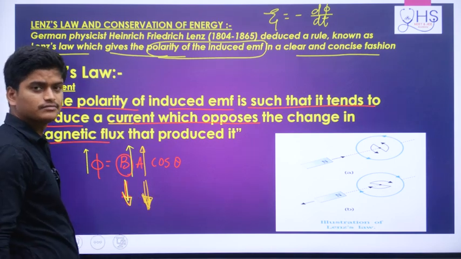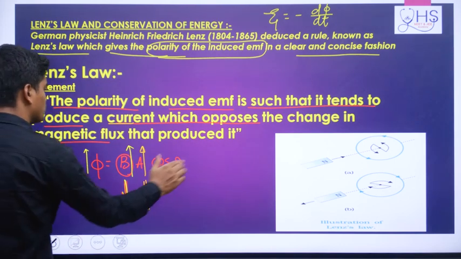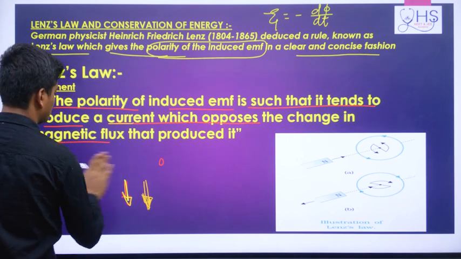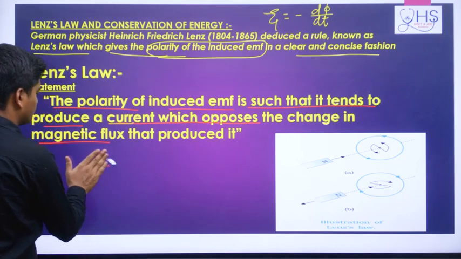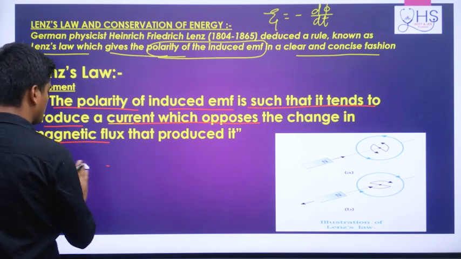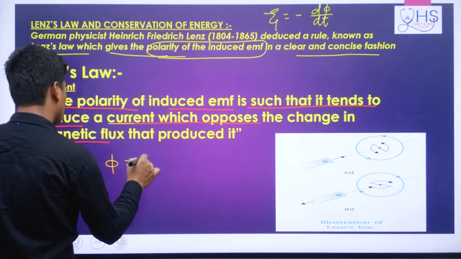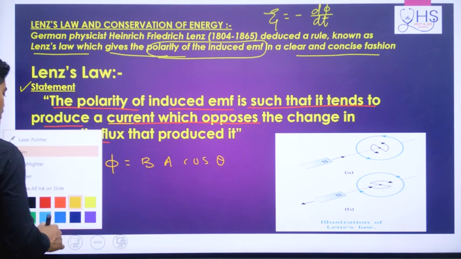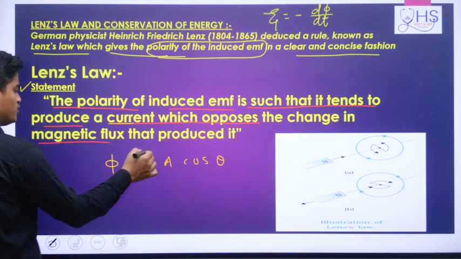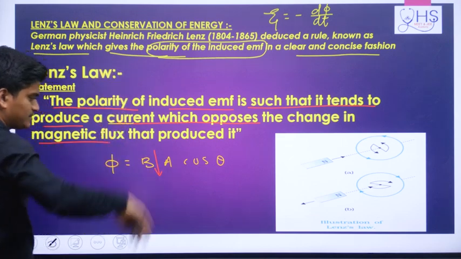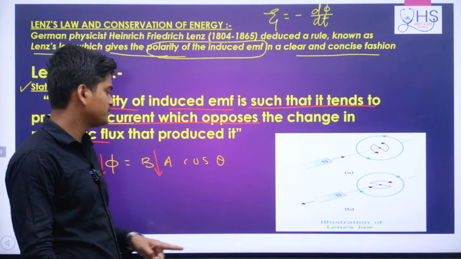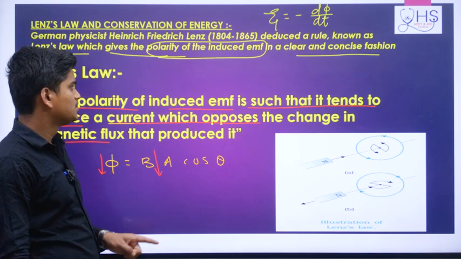You understand. Or let's take the example where the magnetic field is decreasing. Suppose flux equals BA cos theta. If the magnetic field decreases, then flux will decrease, so there is a change in flux.